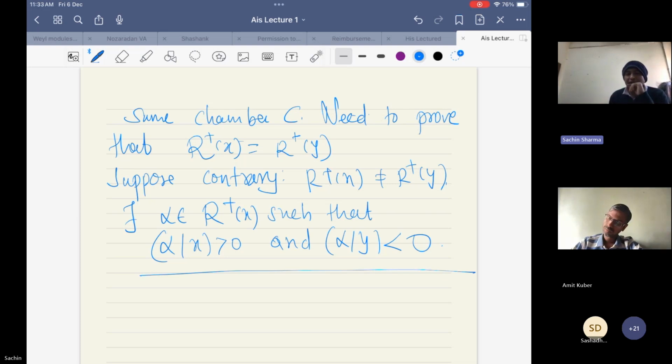This is the condition it should follow, otherwise they both will be equal, right?